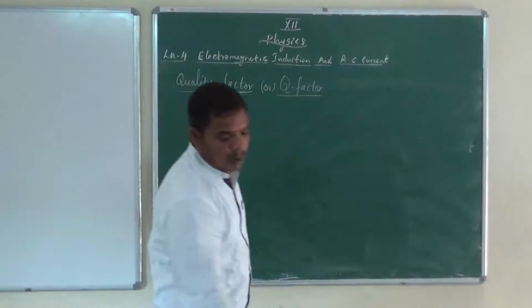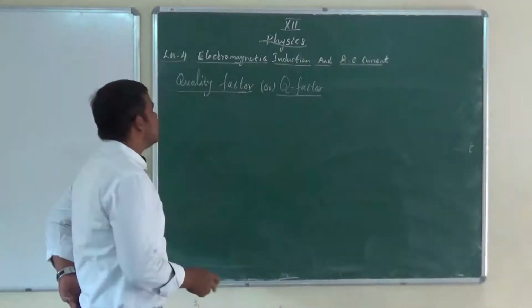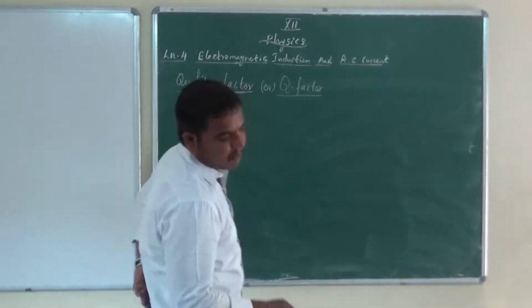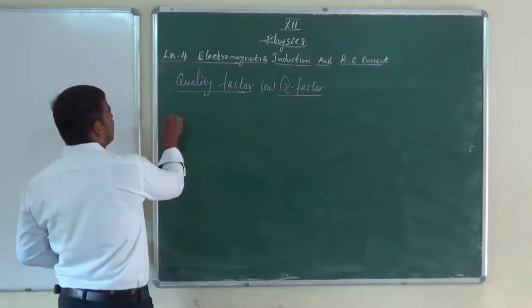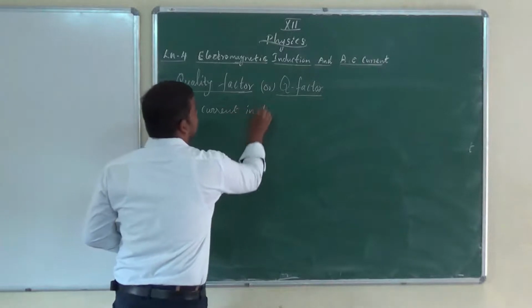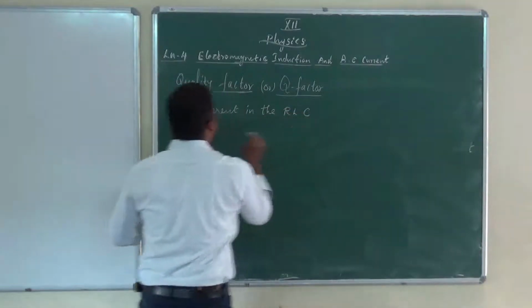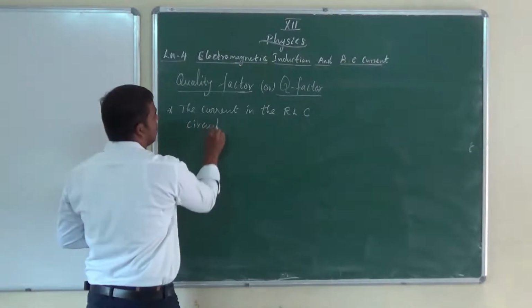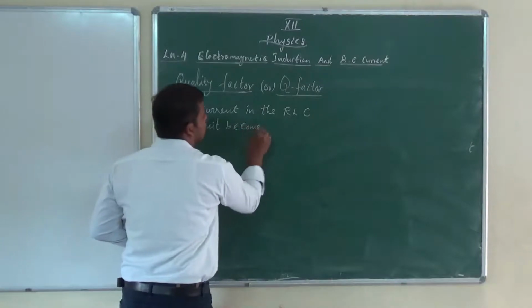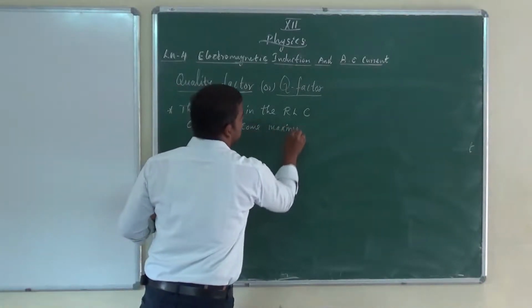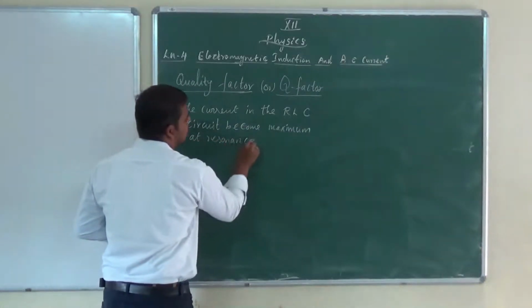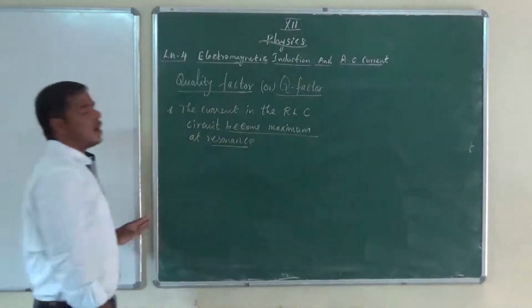The current in the RLC circuit becomes maximum at resonance. See the words: becomes maximum at resonance.